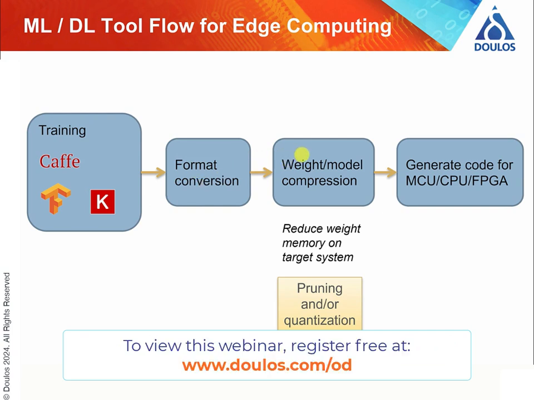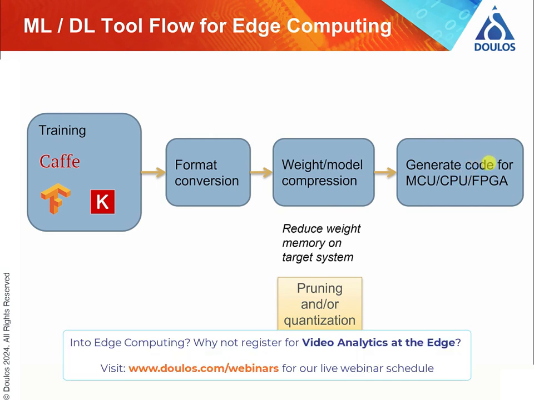Then we're going to have to do some kind of weight compression or model compression in order to reduce the amount of memory we use to store the weights in the target system, or to simplify the computation being done so that it can run efficiently if we're using a relatively small processor. And then finally, we're going to have to compile our model and generate code.